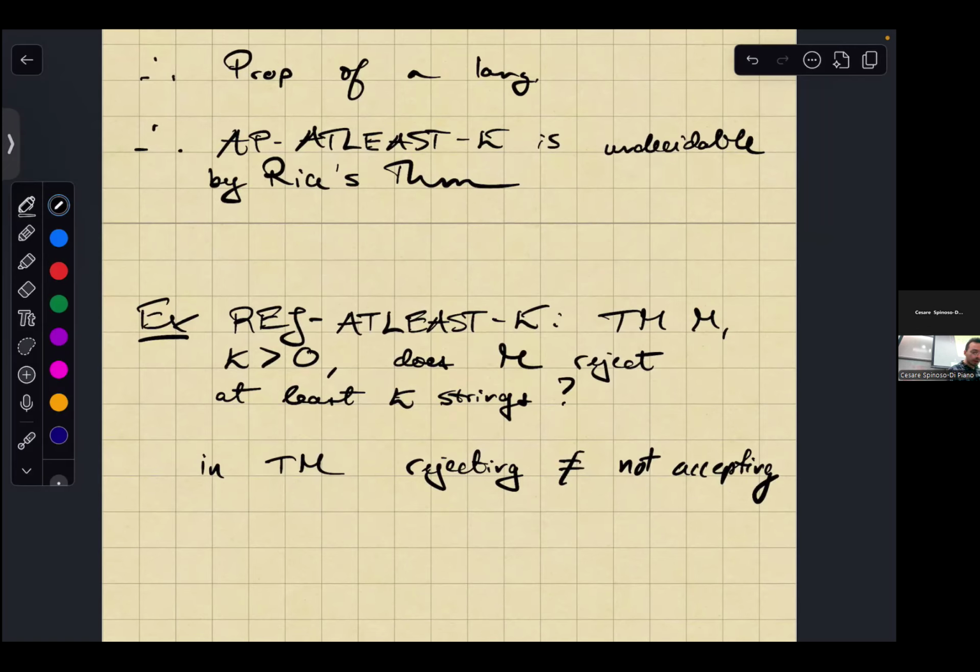So either it explicitly rejects it, or it's looping forever. Whereas rejecting is when you make a decision. You're not looping forever. You say, no, this is not in the language. So these are kind of different. And this is going to be relevant to seeing why you probably can't use Rice's theorem for this.